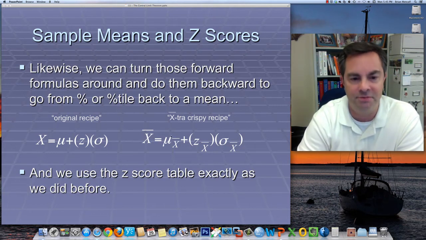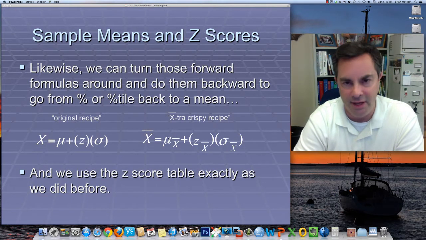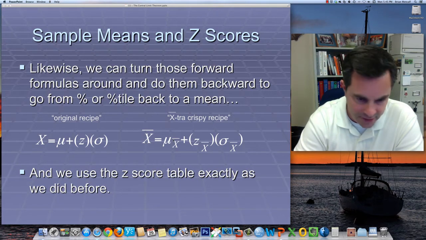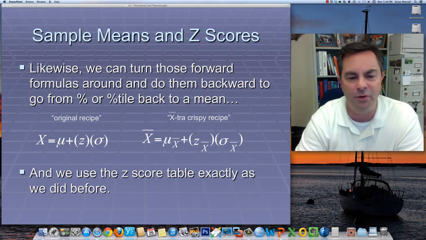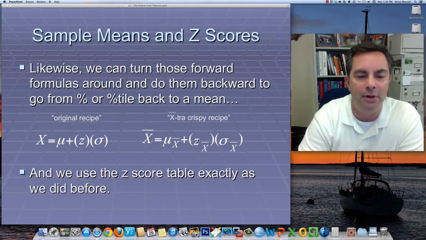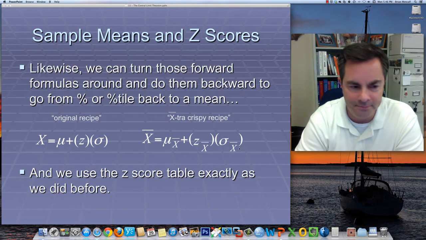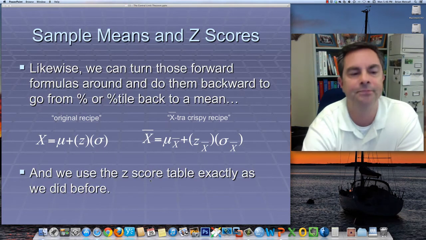To get that, we just plug in the population mean, which is the same as the mu X bar, the mean of means, which is the same as the population mean. So plug in the population mean, the appropriate z-score, which we'll see in a moment, plug in the correct z-score. So you go to the z-score table in a way you'll see in just a moment, and plug in the z-score and multiply by the standard error. And then we use the z-score table exactly as we did before.